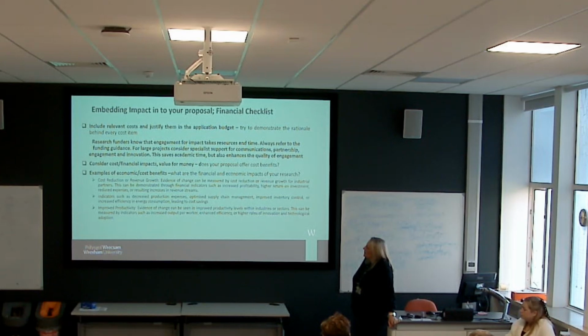So the stronger you make your case for why they should give their money to you, the better. And any examples of economic cost benefit that you can include in your actual proposal about how it's going to actually potentially generate money or save money will obviously also enhance that value for money calculation.